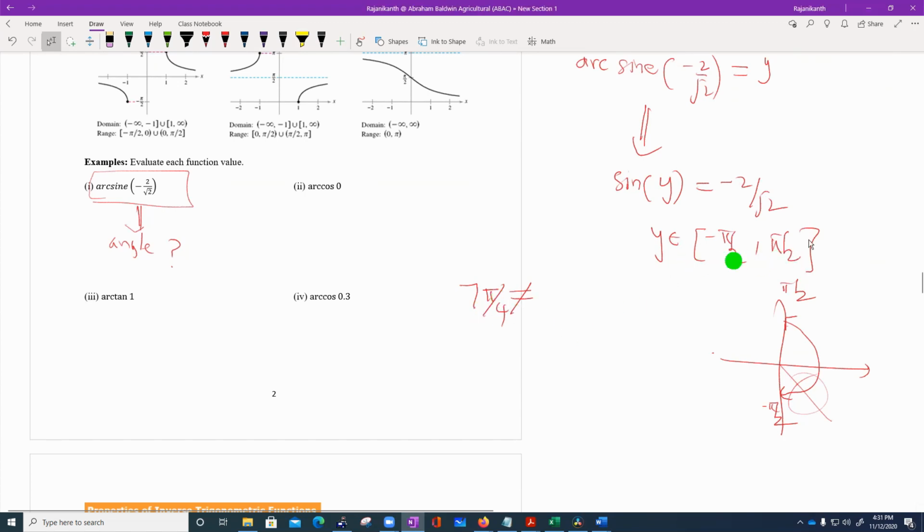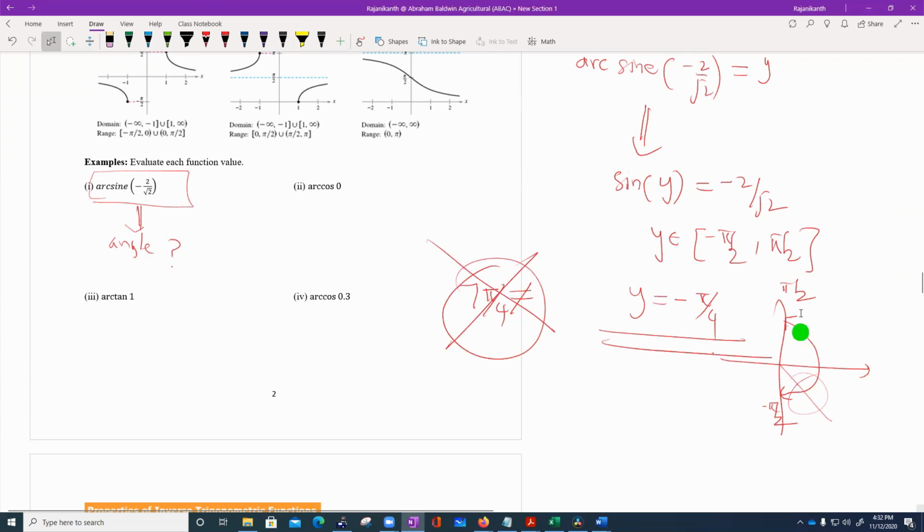Even though your answer may be correct, you could write, I know, sine of 45 degrees is 2 over root 2. But now you are looking for the negative, therefore your answer is simply negative pi over 4. Now look at sine of negative 2 over root 2. Your answer is correct, but this is not in our range.